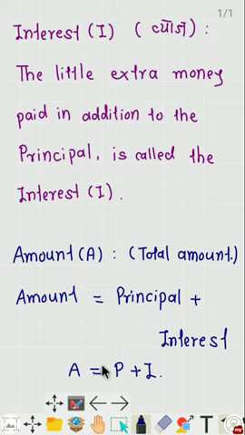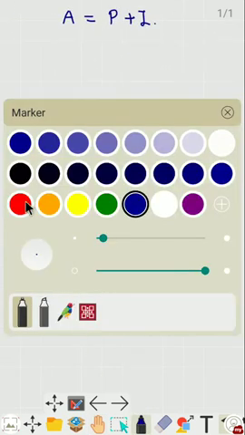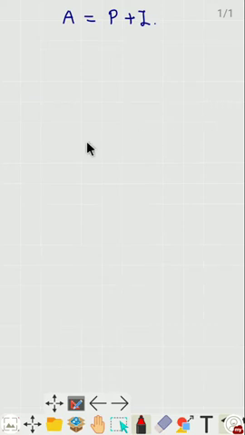Let us discuss the interest in detail. So let us write interest.